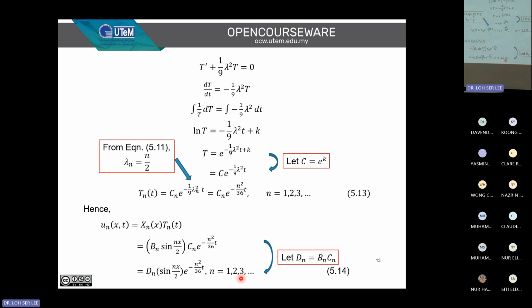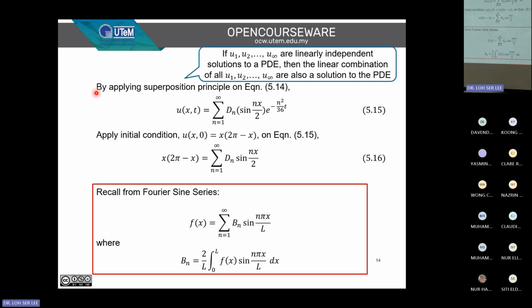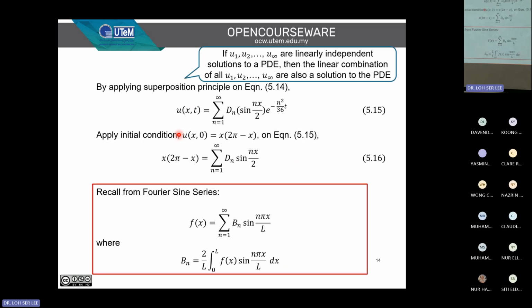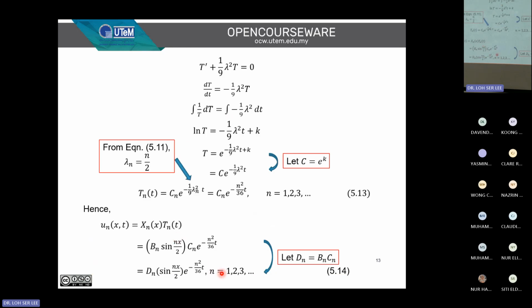Remember, our solution is u, not un. We don't want un, so we want to change the un back to u. So we have to apply the superposition principle. That means your u is this one. From un back to u, we will sum up all of the terms from 1 up to infinity.